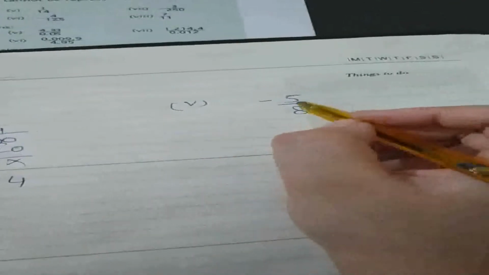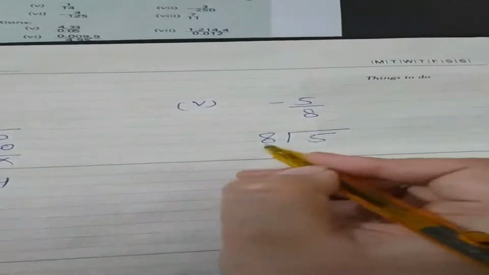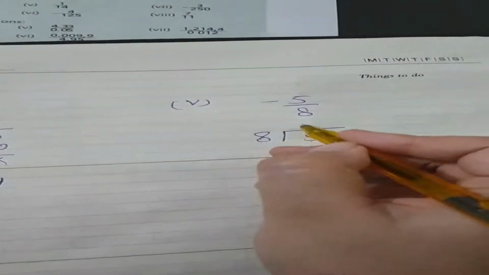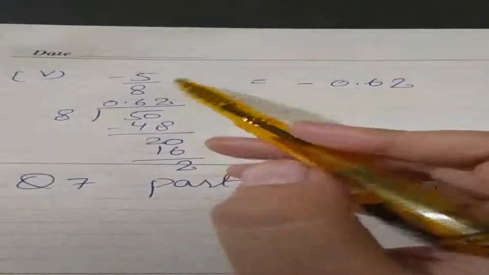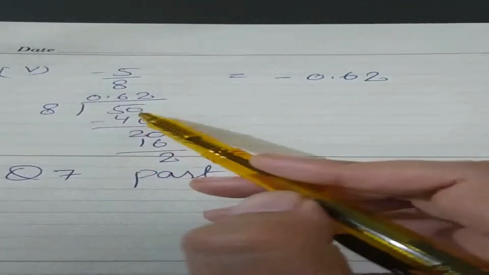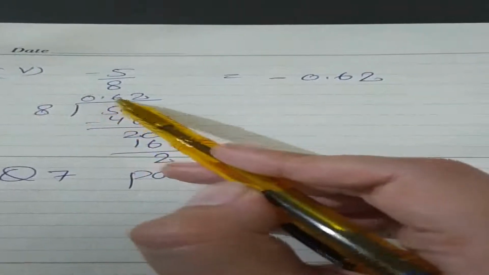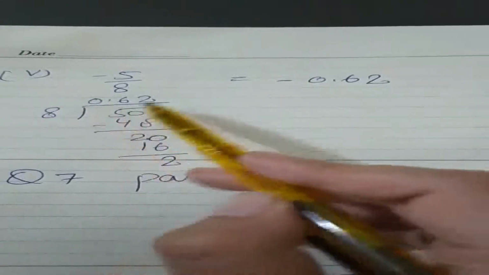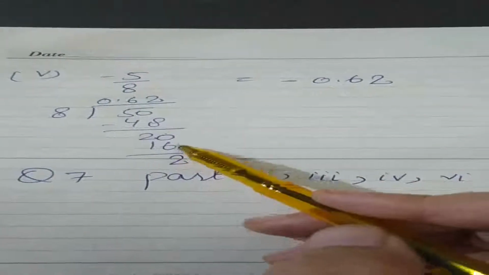I'm doing part 5. If the value comes with a negative sign, ignore the negative sign. First divide the value by putting the numerator inside and the denominator outside. In part number 5, you have to divide 5 by 8. 5 is smaller than 8, so I put 0 here and a decimal point. Then 8 6s are 48, subtract it, you will get 2.